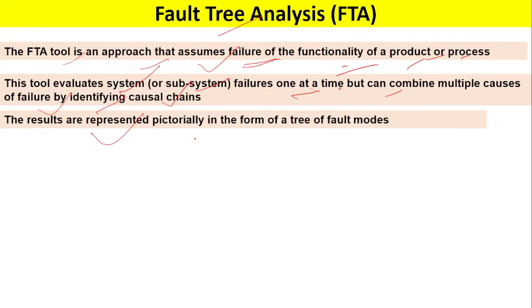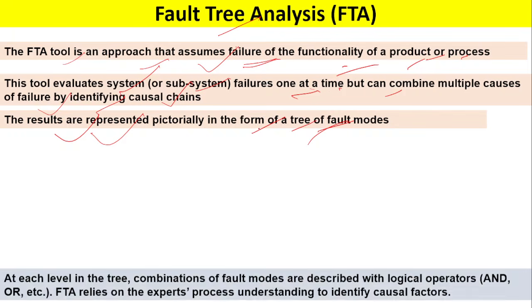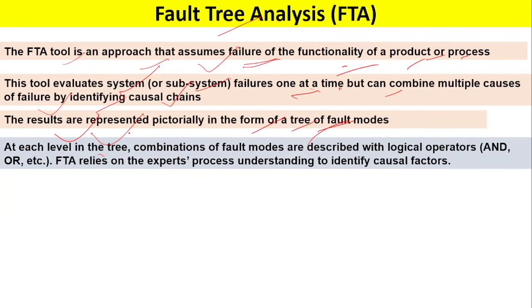The results are represented pictorially in the form of a tree of fault modes. That's why it's called fault tree analysis. At each level in the tree, combinations of the fault modes are described with the logical operators AND, OR, etc. FTA relies on experts' process understanding to identify causal factors.